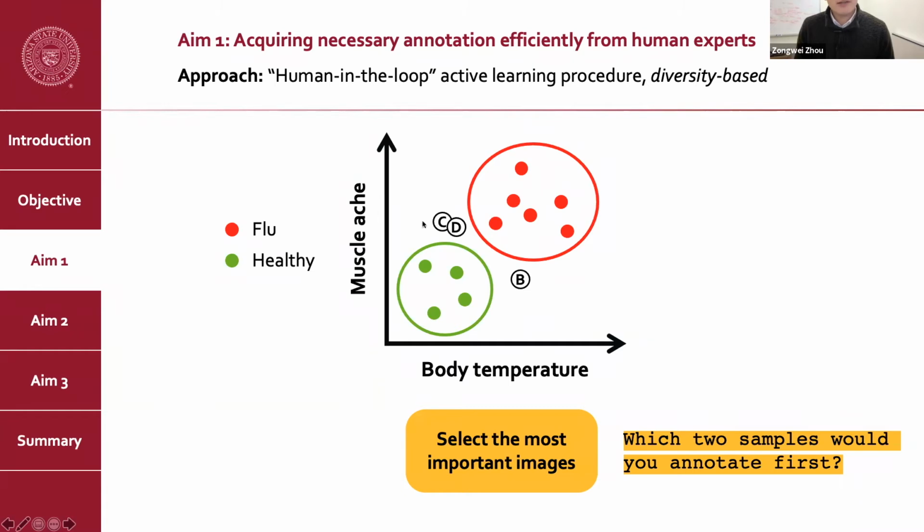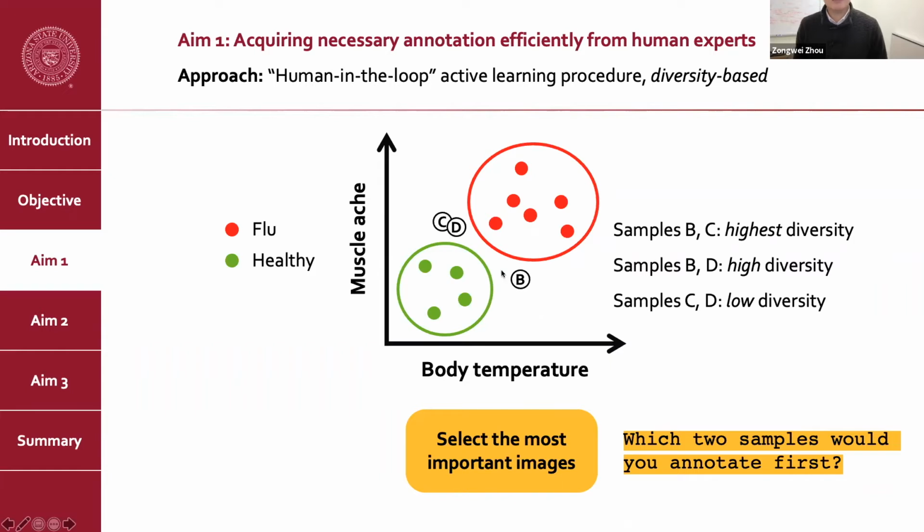If we select CD, you can see they are very similar in the feature space. So somehow you wasted this $2 to annotate these very similar samples. But if you annotate BD or BC, because they are far away, it looks like you are using money to get more value.